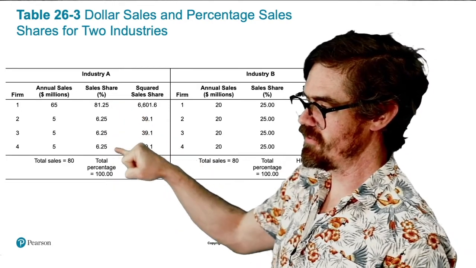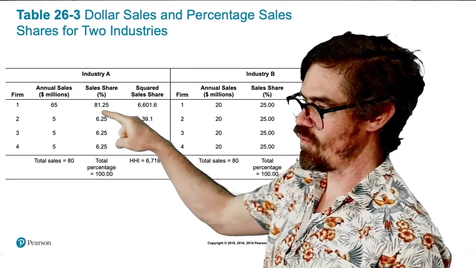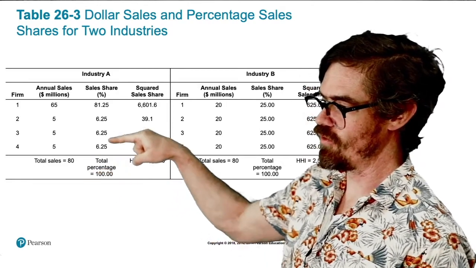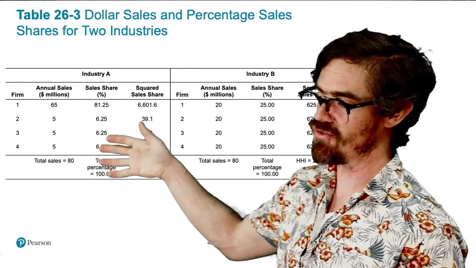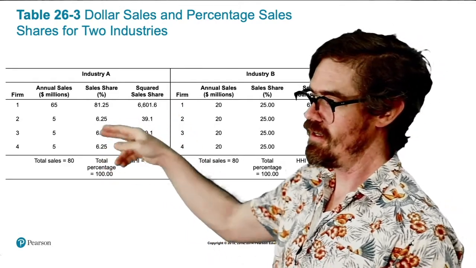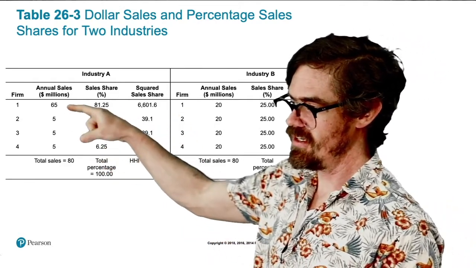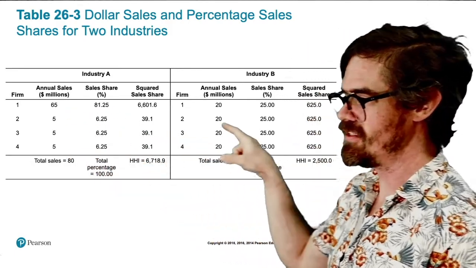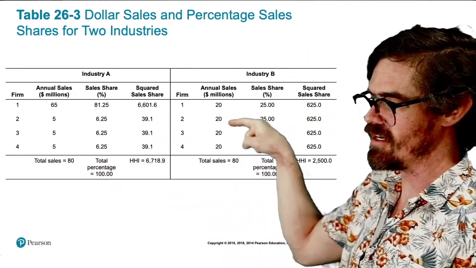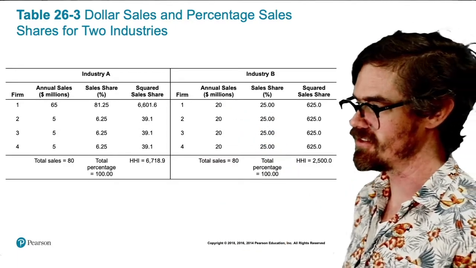But the difference here is that while the 4 firms account for the entire industry, and so their concentration ratio is 100, in this case, firm 1 is much bigger than the other 3 firms, whereas in this case, all 4 firms are equally sized in terms of their sales, right?